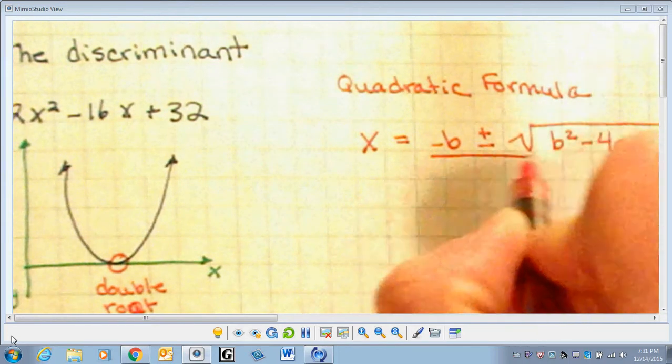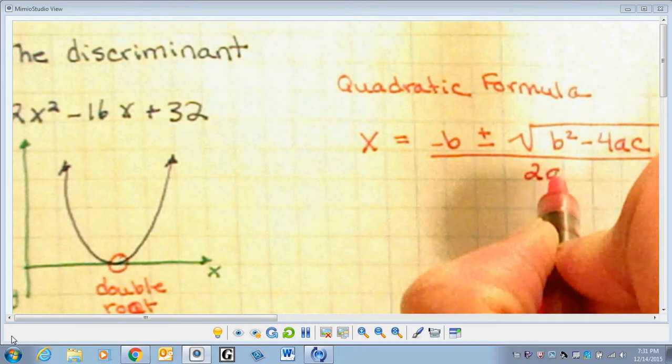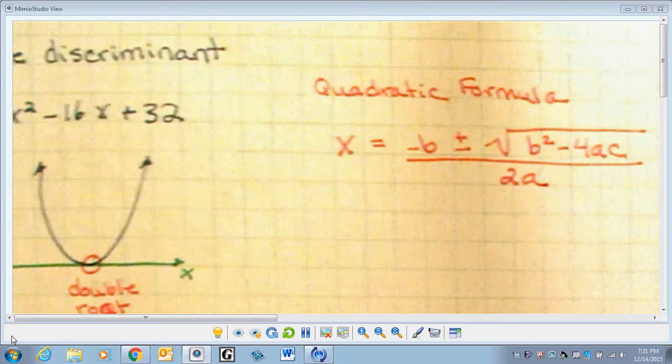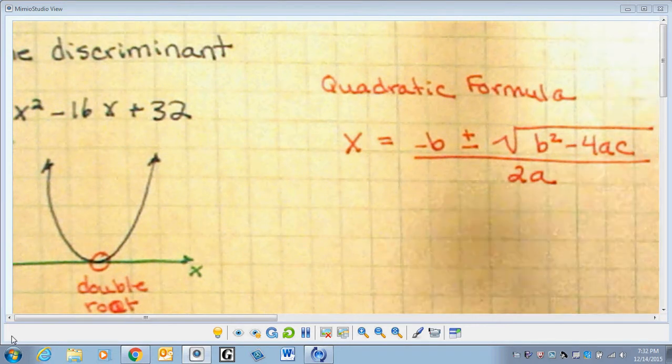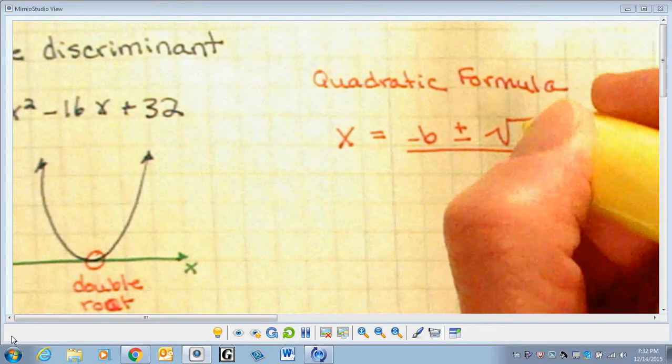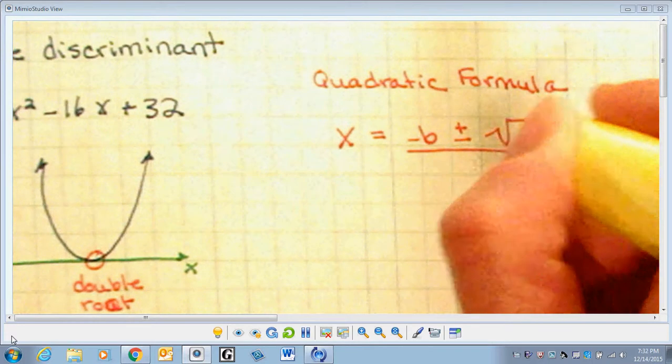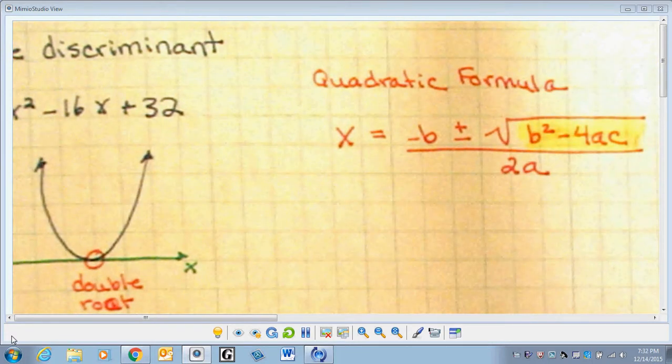That entire thing is over 2a. So that's my quadratic formula. So where is the discriminant? The discriminant lives underneath the radical. It does not include the radical, it's just what's underneath the radical. So that discriminant there is b squared minus 4ac.